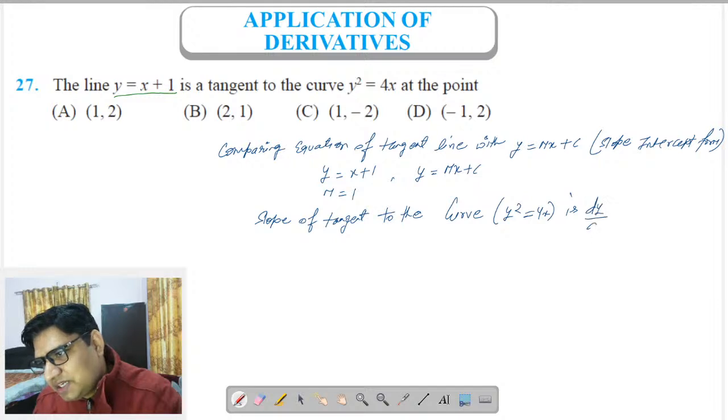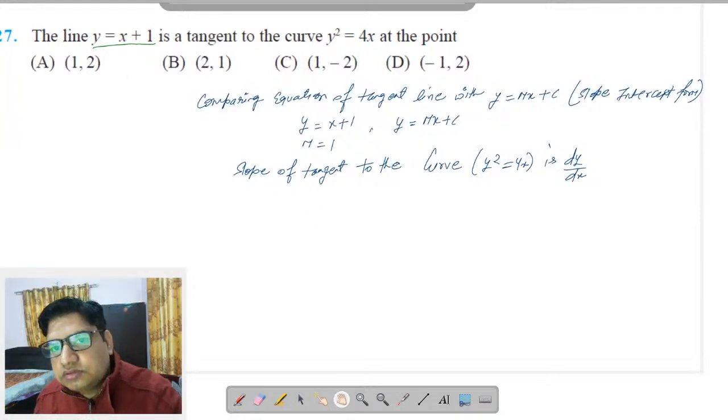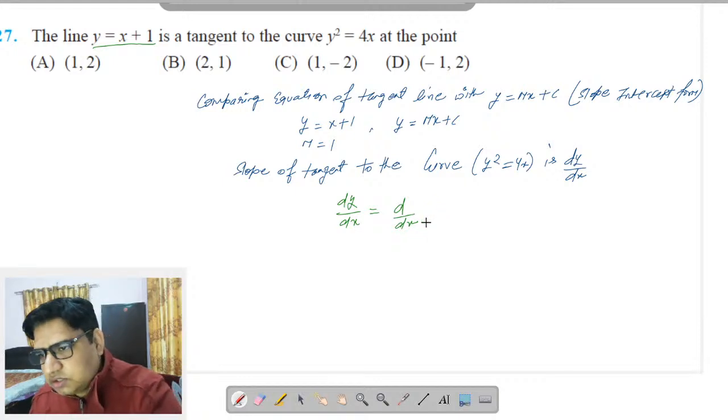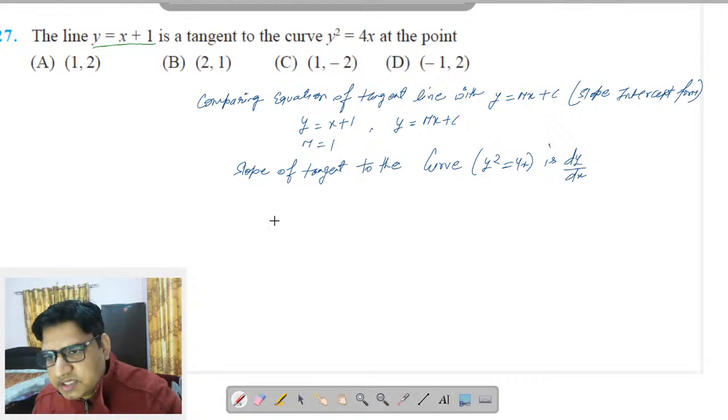is dy by dx. Let's find dy by dx here, look guys. This is implicit differentiation. We'll use implicit differentiation because y square is given here.